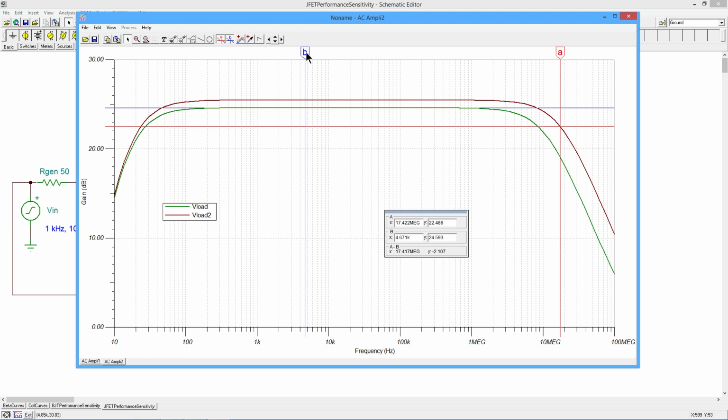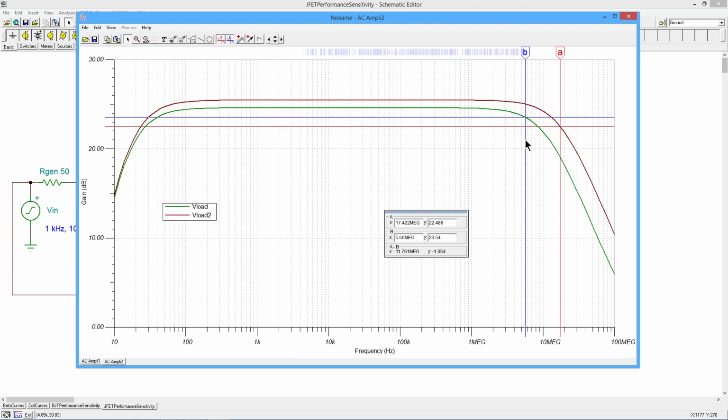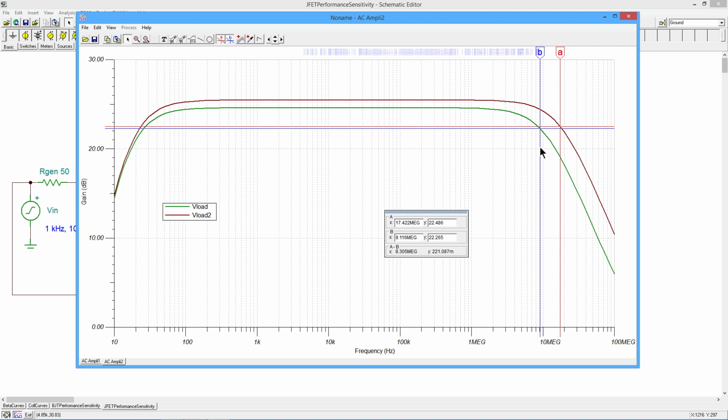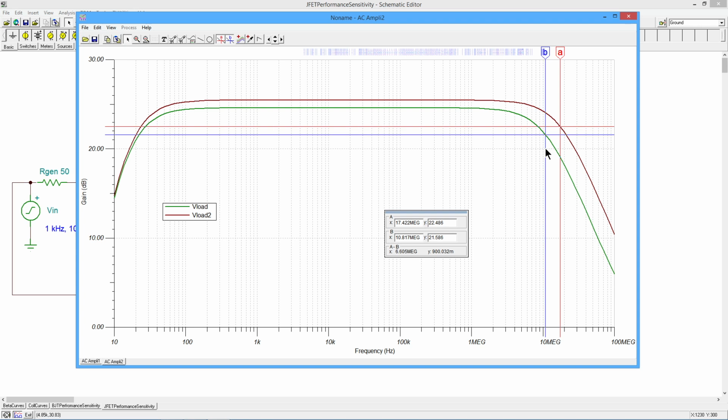And on this other one, we're going to go from 24.6 down to about 21.6. Right around there, let's just call that. All right, so the high bias one is sitting at 17.4 megahertz for an upper limit, and the low bias one is sitting at 10.8 megahertz.